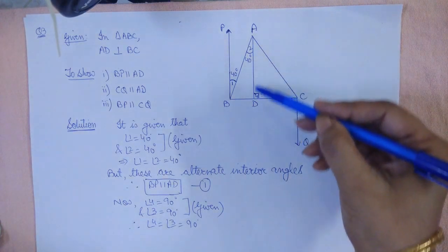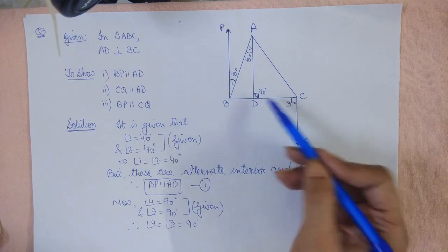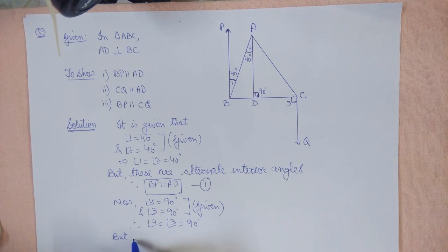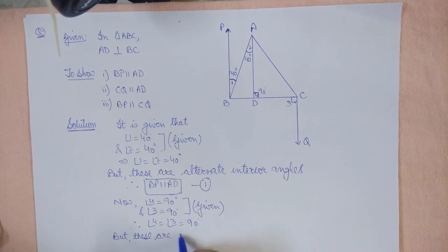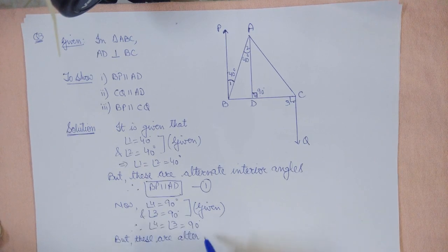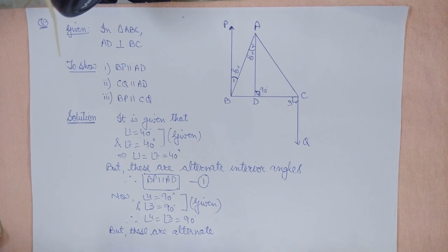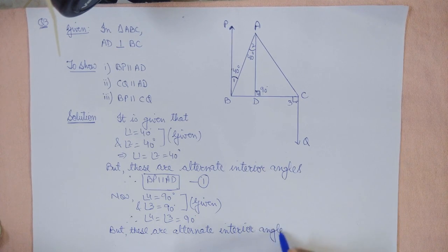But if you see what type of angles they are, both of them are alternate interior angles. So what will you write? But these are alternate interior angles.